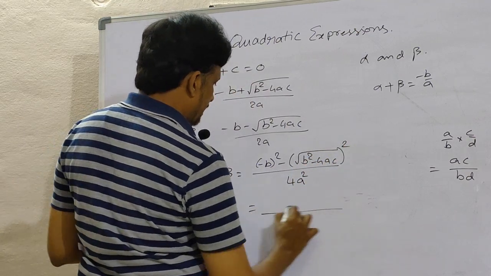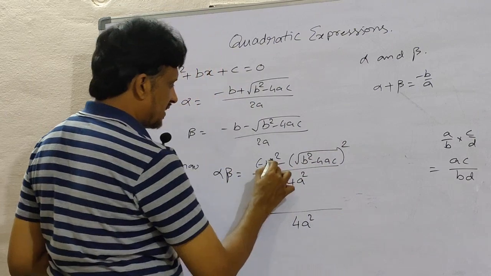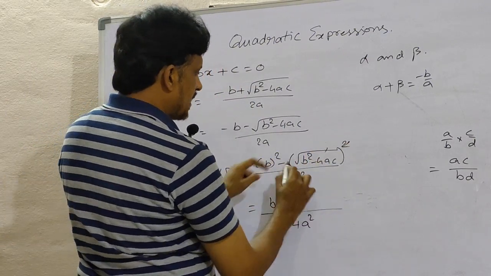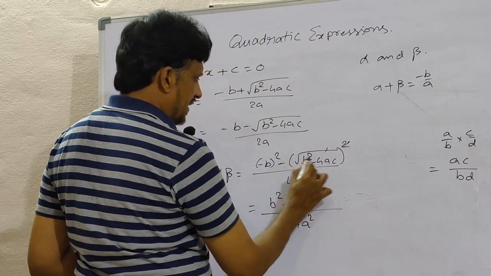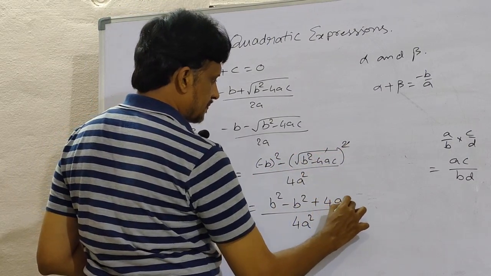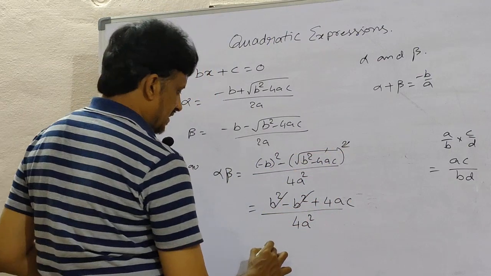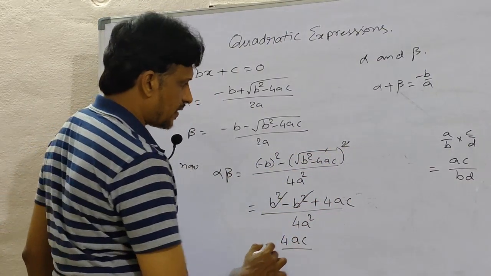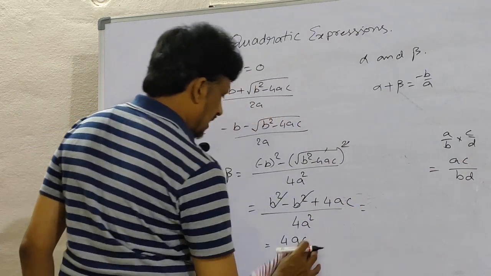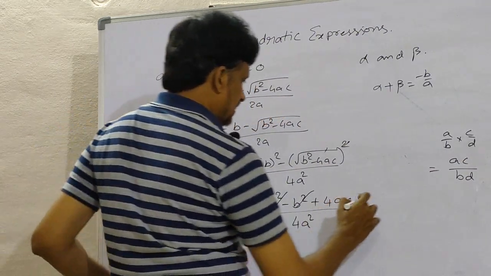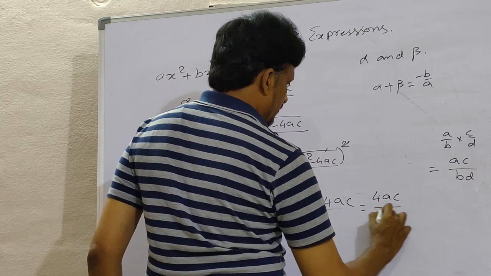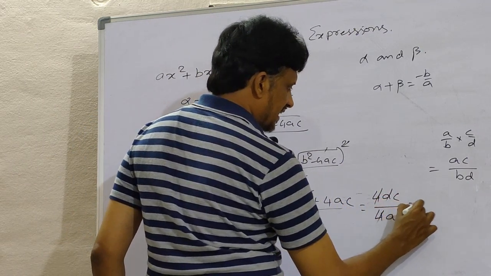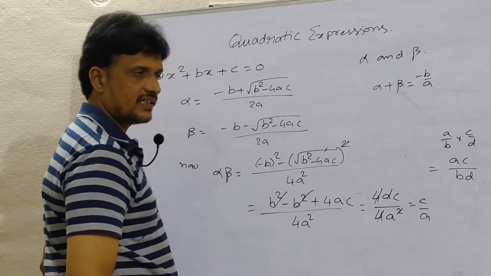So then the denominator is 4a square, this is b square minus, the square and square root get cancelled, minus b square, minus of minus plus 4ac. Again these two get cancelled. So what you are getting here is 4ac by 4a square. 4 gets cancelled, a and a get cancelled, c by a you are getting.